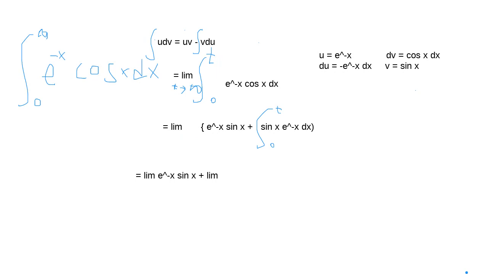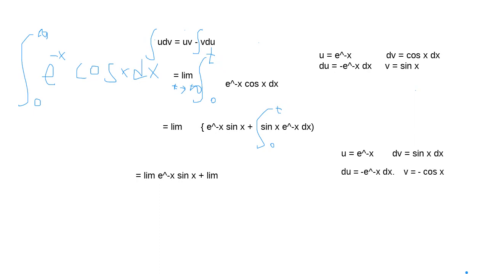Let u be e to the negative x and dv be sine x dx. Then my du is negative e to the negative x dx, and my v is negative cosine x.